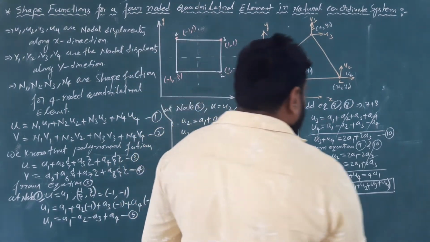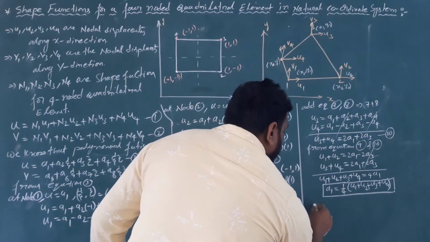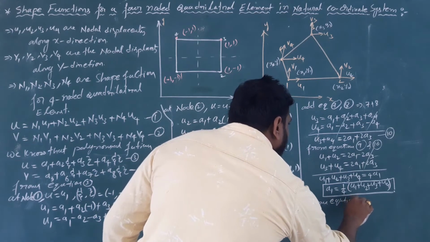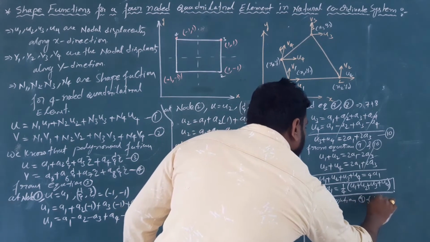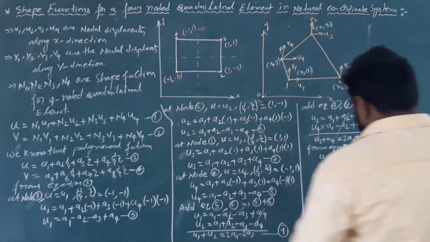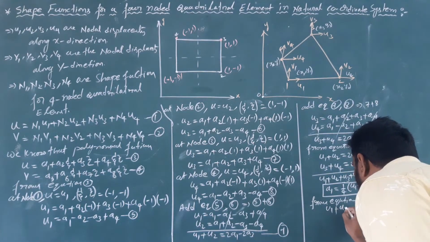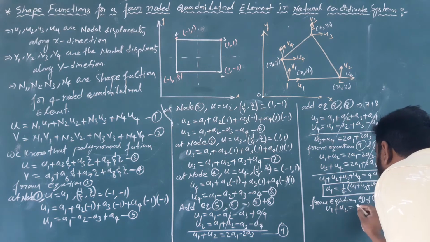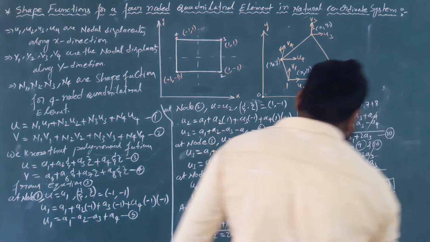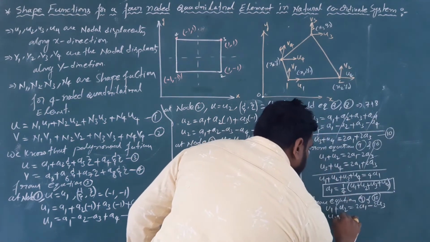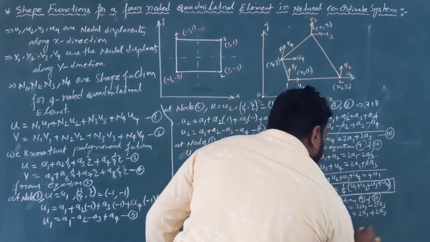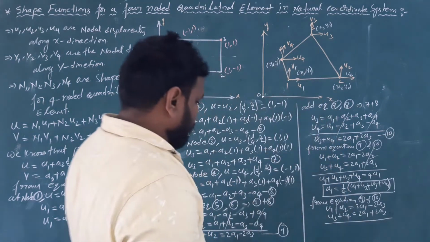Now subtract equations 9 and 10. That is, u1 plus u2 is equal to 2a1 minus 2a3, and u3 plus u4, same equation, is equal to 2a1 plus 2a3. Now subtract these two equations.